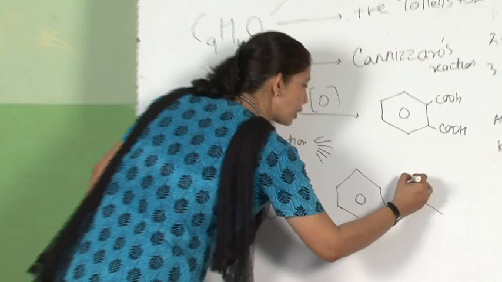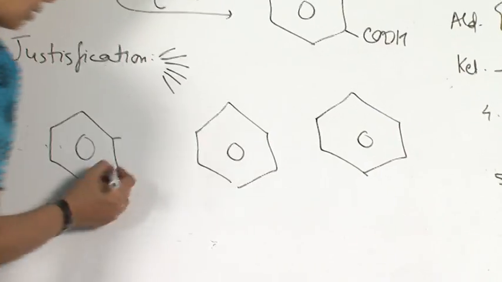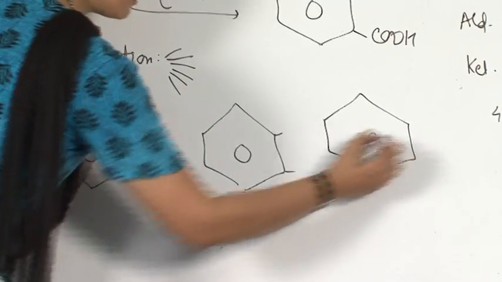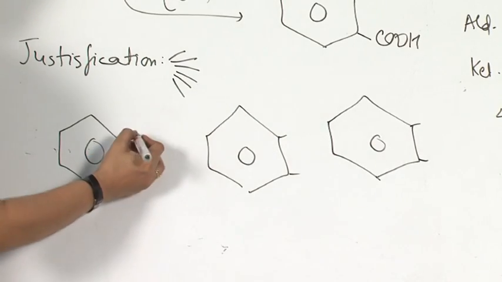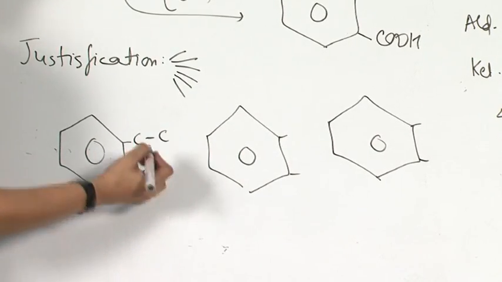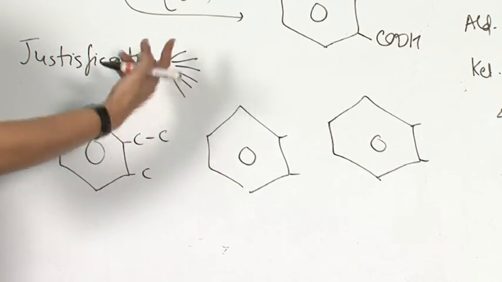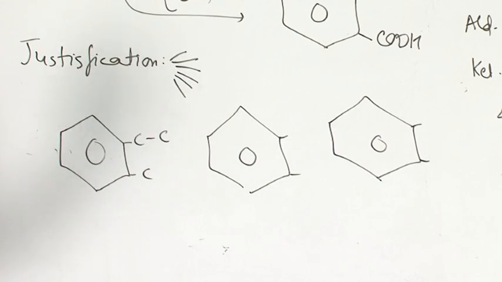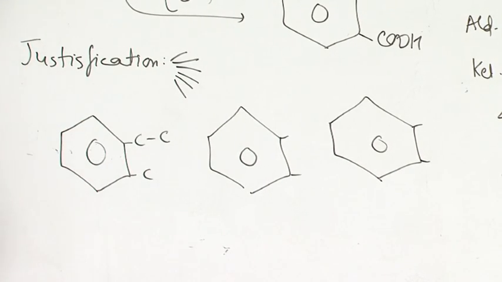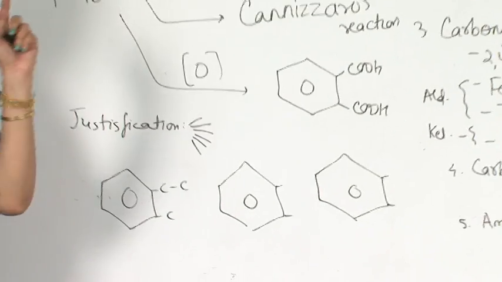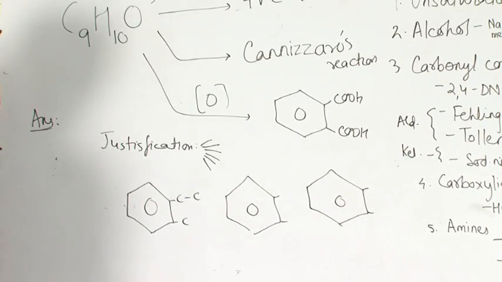Let me just draw some structures. Try to do this in rough first. These are the 2 places where the substitution is there. Now what are the options? I can either have 2 carbon atoms on this side and one on this side, or 2 carbon atoms here and one on this side. Once I know that, so 6 here, 7, 8, 9. Next, Cannizzaro aldehyde does not contain alpha hydrogen.